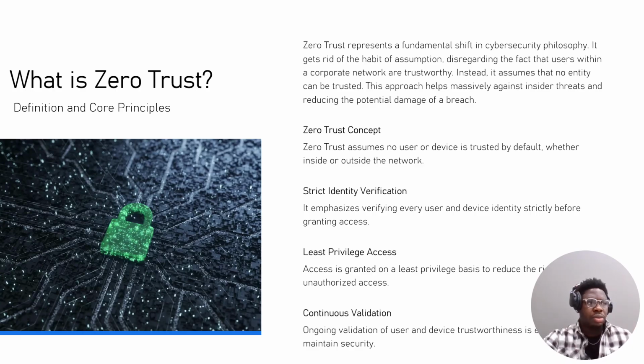Let's say you want to do something on my laptop or on my phone, I'm only going to give you privilege to access what you want to do, which limits you from going into some other application and doing something else. Continuous validation is basically, you're in the system, but I still need you to verify yourself as you go. This could be periodically, or as you try to access more things, or whatever the case may be.